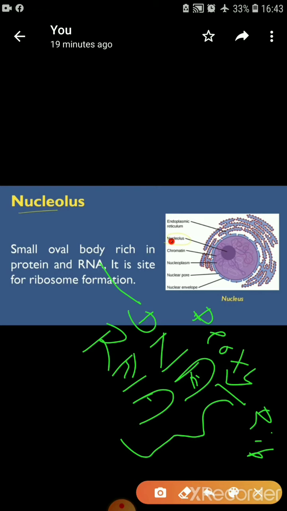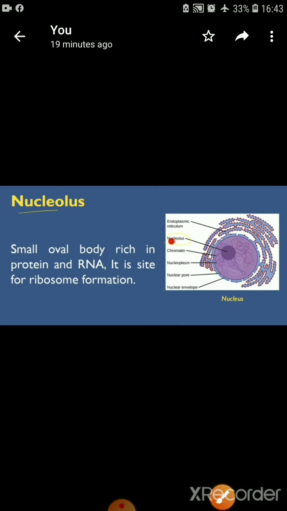Deoxyribonucleic acid. So the nucleus has RNA and DNA. RNA's full form is ribonucleic acid and DNA's full form is deoxyribonucleic acid.